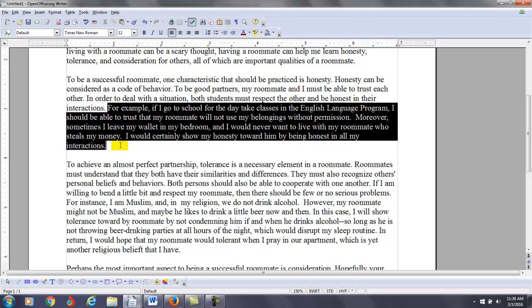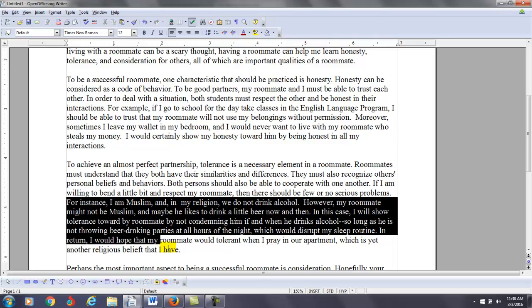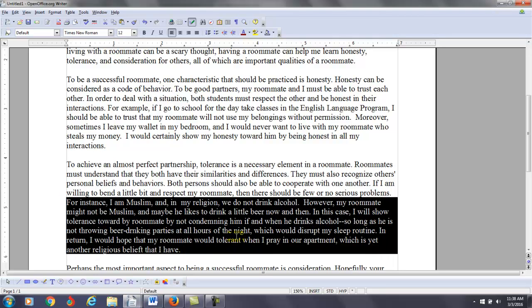I added on this example, and then in the next paragraph I added on this idea to help develop this idea of tolerance. So you were almost there, but you didn't really move from the general to the more specific support patterning. You want to be very precise, very specific when you get into the body, into the middle of each of your body paragraphs. That's where you give your examples.